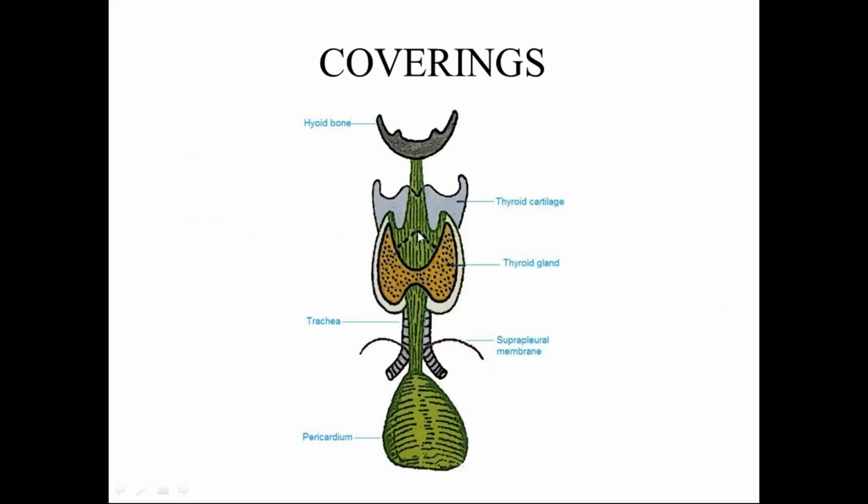One very important aspect about the outer false capsule is that it extends upwards and downwards. It extends upwards and gets attached to the thyroid cartilage, which you are able to see at the back, and also to the hyoid bone. Thyroid cartilage is one of the cartilages of larynx.